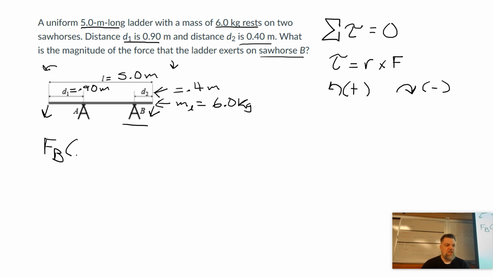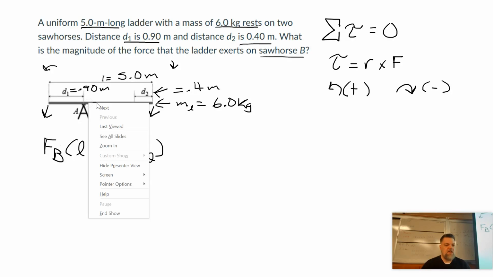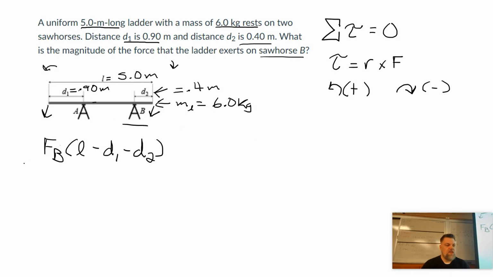Isn't that just the overall length minus D1 minus D2? So that's the force that's applied. What am I finding? The distance between A and B, right? And that's what I'm trying to figure out: what is the force that's being applied to B?